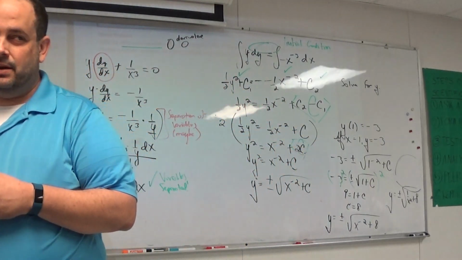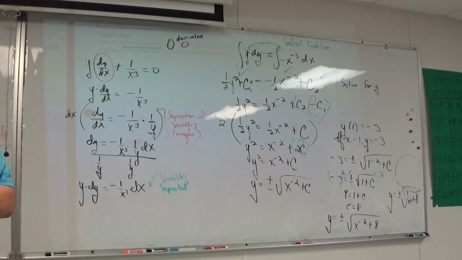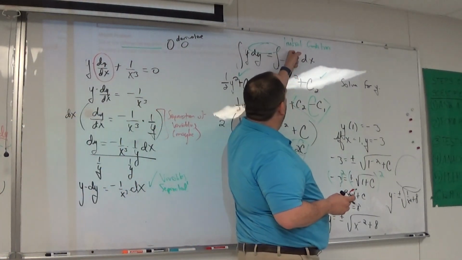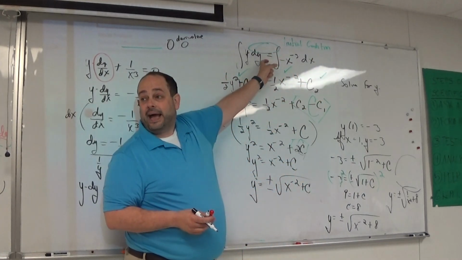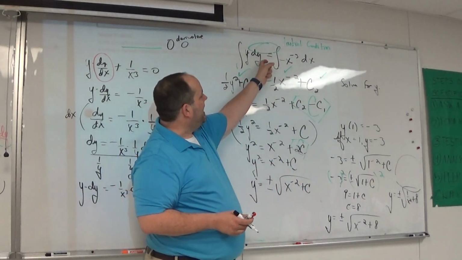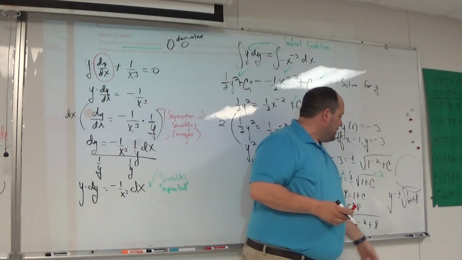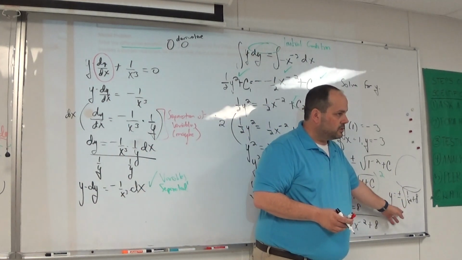And how you decide, you've got to look at the initial condition. You're looking at a differential equation, and you've got an initial condition, meaning the curve has to pass through this point. The curve has to pass through 1 comma negative 3. So do I want the positive version or the negative version?